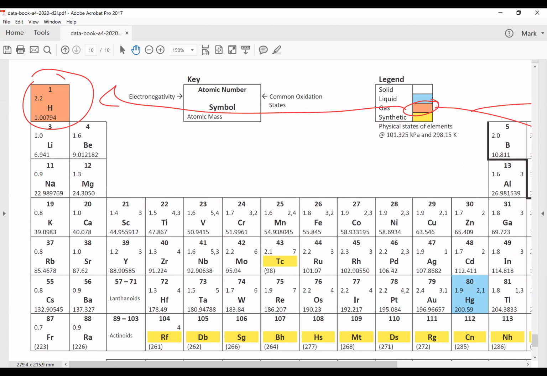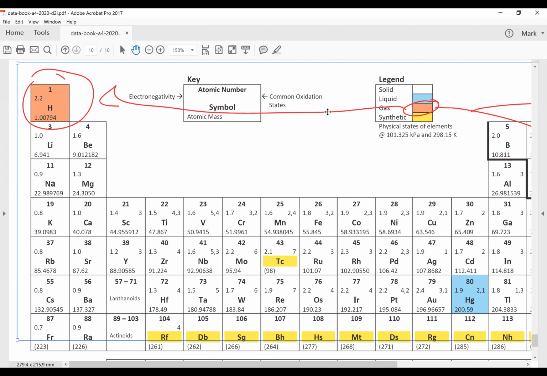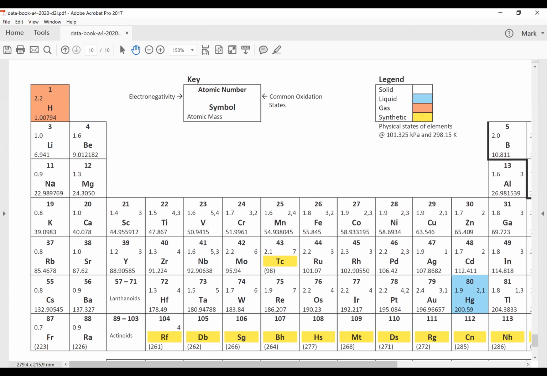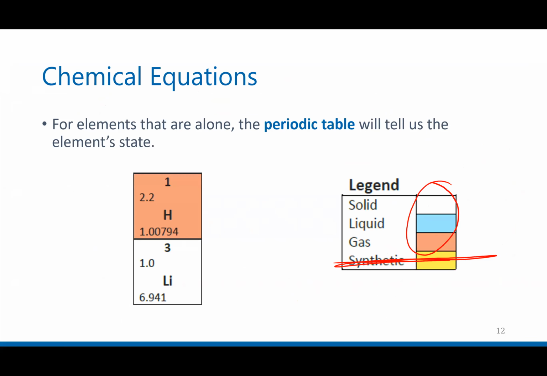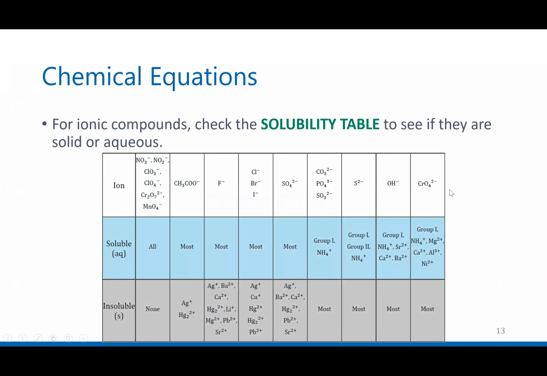All right, so if you're dealing with an element on the periodic table, you would use the colors that the elements are. All right, so now let's be real. It's often not the case that we're dealing with pure elements in the chemistry lab. We typically deal with aqueous solutions.